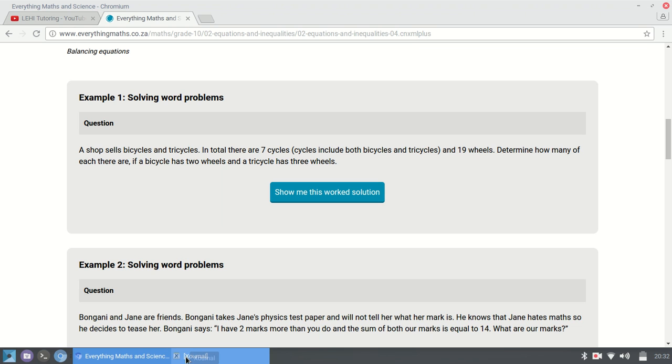So you have a shop selling bicycles and tricycles. In total, there are 7 cycles, where cycles are both bicycles and tricycles. Okay. And there are 19 wheels. Determine how many of each there are, meaning how many bicycles and how many tricycles there are individually.